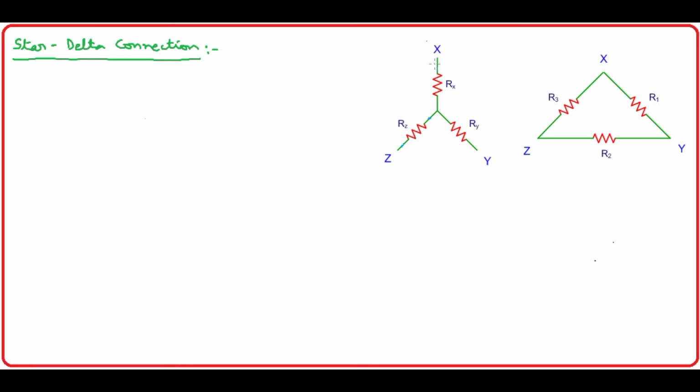Current is flowing in this way and it is flowing in this way. So it is starting from capital X and reaching capital Y. There is no current flowing towards capital Z, that means through Rz.